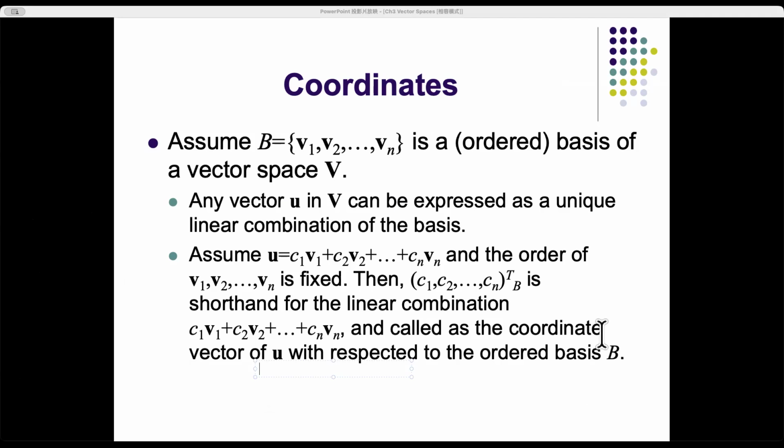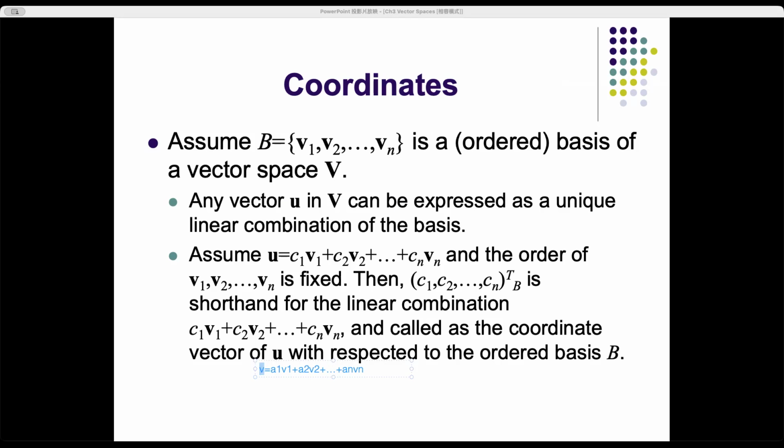Let's say a vector V equals A1 V1 plus A2 V2 plus ... plus An Vn. Let's prove by contradiction.